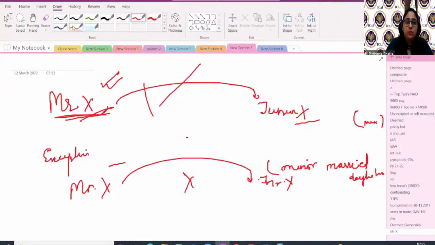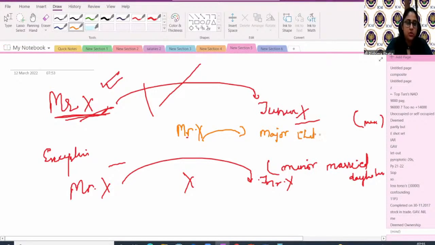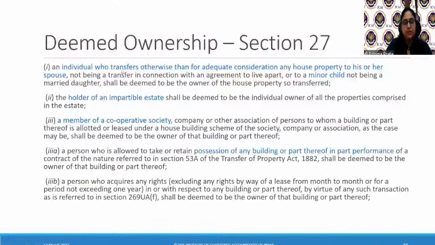The second question that would come to your mind is, if Mr. X has transferred the property to his major child, meaning who is over 18 years of age, will Mr. X be the deemed owner? The answer is no, because only two types of transfers are covered in the first scenario. One is transfer to the spouse, another is transfer to a minor child.